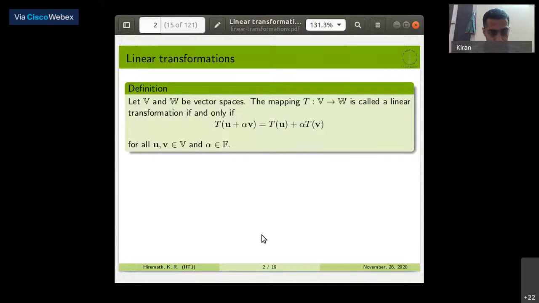1, 2, both, I don't mind. What is the correct option? With respect to the field R, the answer is 2. And over C, the answer is 1. So it can be 1 or 2 depending on what underlying scalar field you are considering.